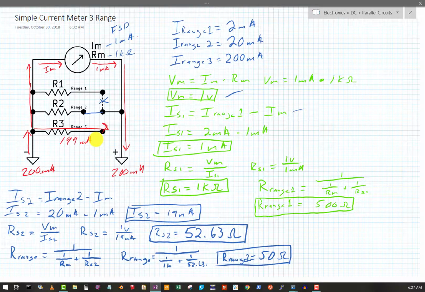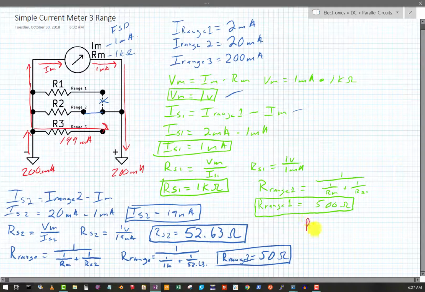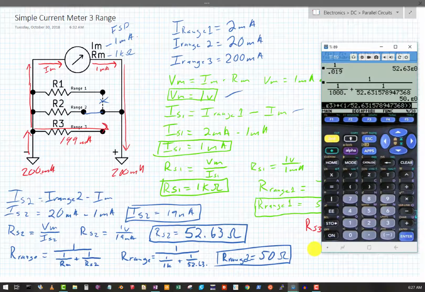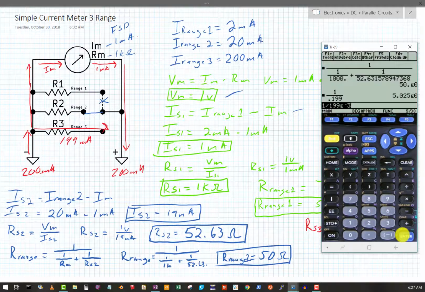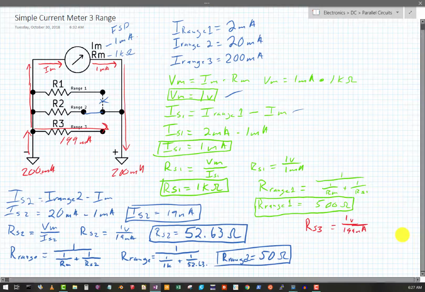So RS3 is 1 volt over 199 milliamps. Let's see what that comes out to be: 1 divided by 199, whoa, e to the negative third, is about 5 ohms, so 5.025 ohms.